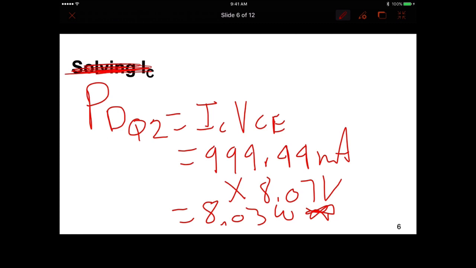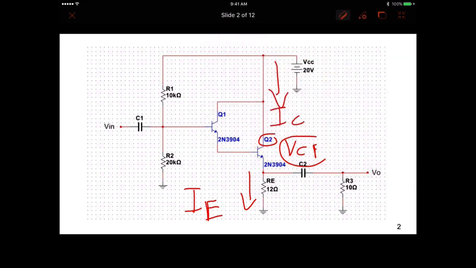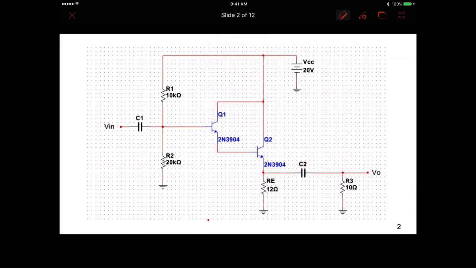Okay, all right. So the AC model. Let's go back again to that. Let's get rid of all the stuff we don't need.